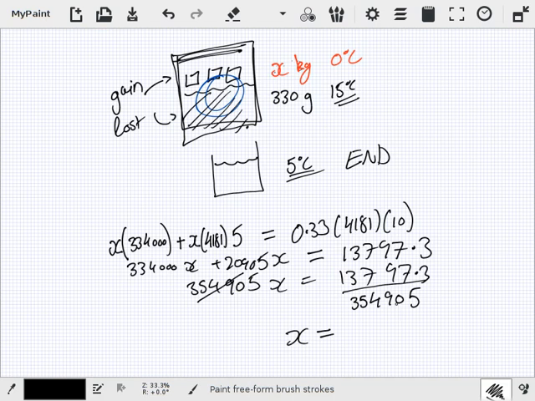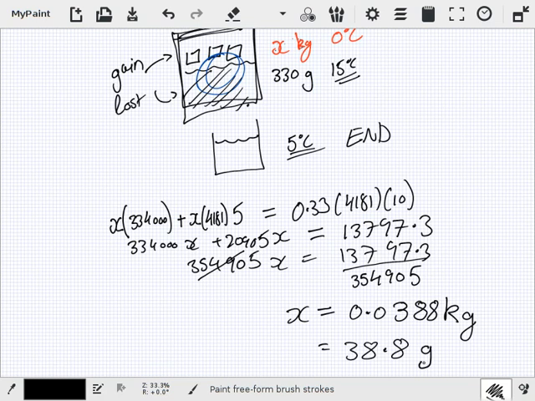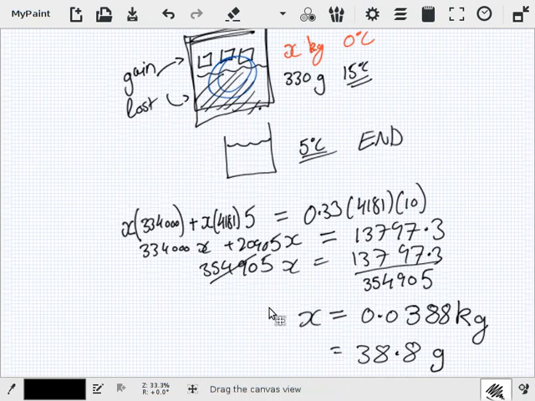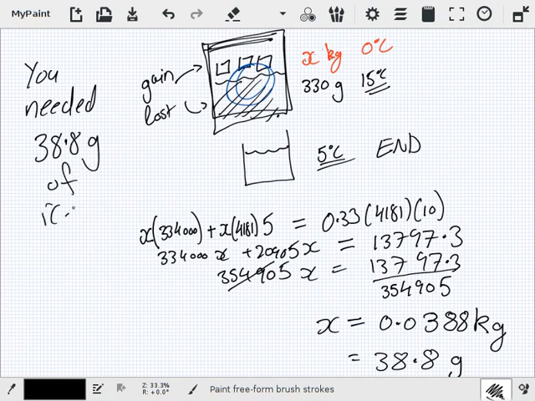It should be a small number. 0.0388 kilograms. So that's equal to 38.8 grams, which kind of makes sense, a small amount of ice, 40 grams. So 38.8 grams of ice is the answer.